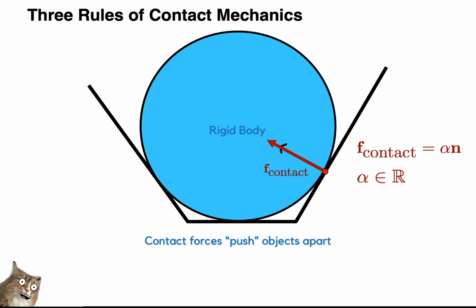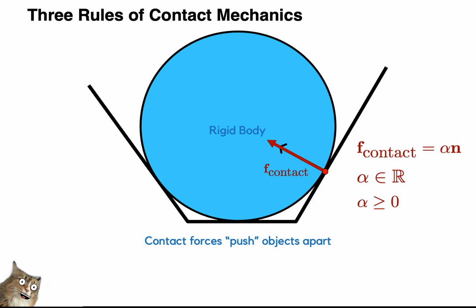Further, to ensure that our contact forces can only push objects apart, we can enforce that alpha, the contact force magnitude, must always be greater than or equal to 0. And this gives us exactly what we want. This gives us the second of our 3 rules of contact mechanics.